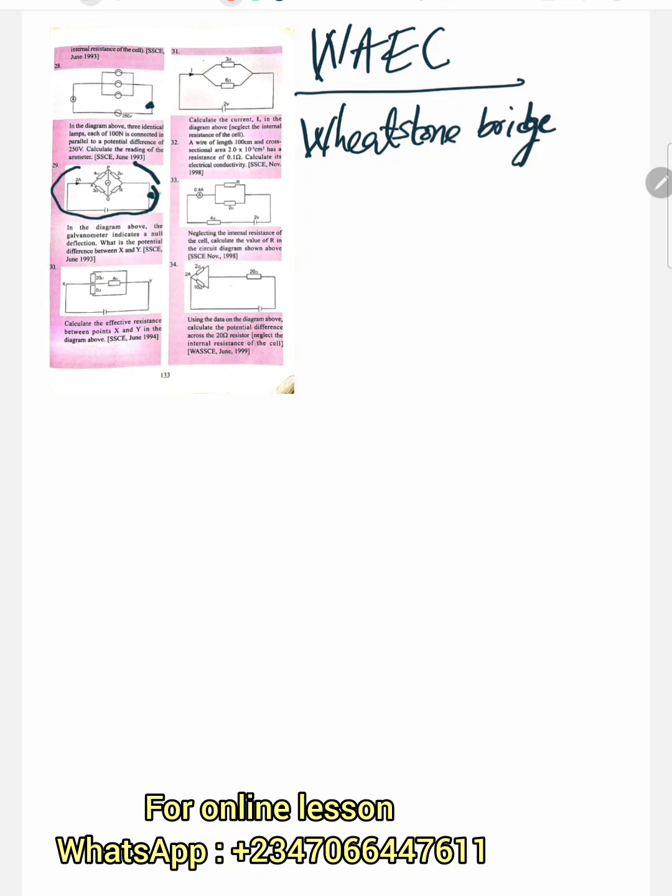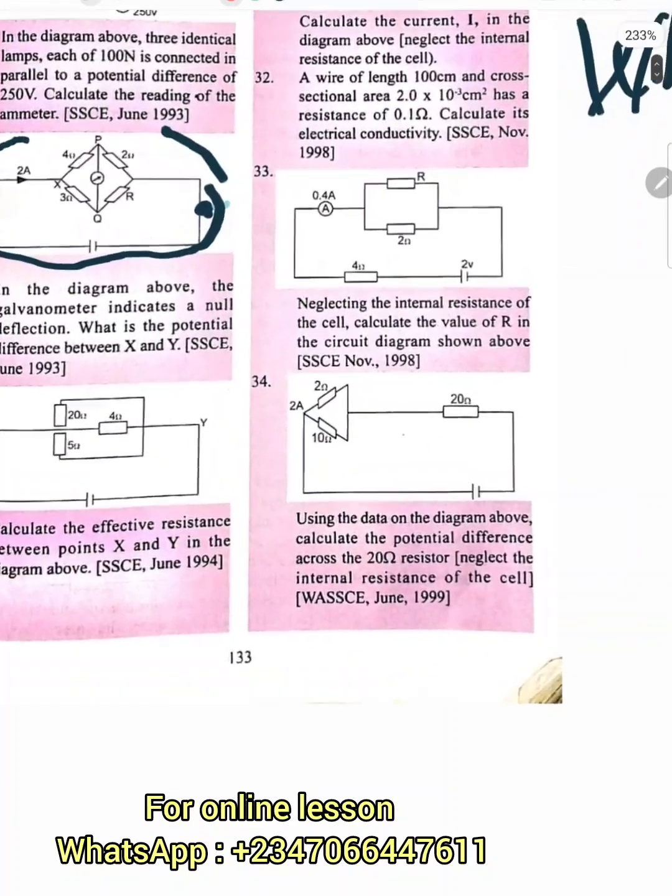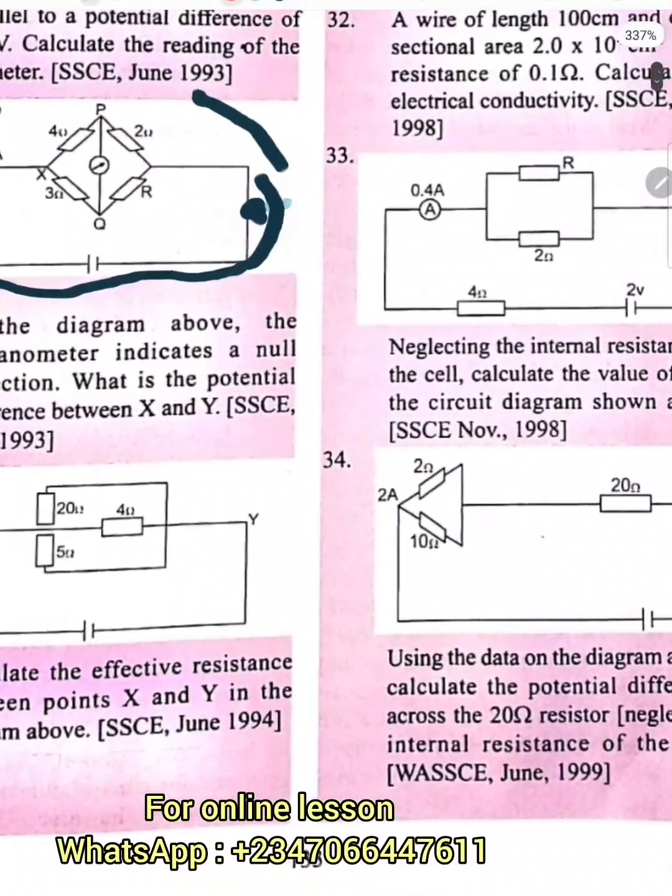How does it look like? Now look at the question here. Look at how it looks now. So the center here is the galvanometer that will detect whether current is flowing through the circuit. This here could be a resistor, this can also be a resistor, and this one is a resistor also.